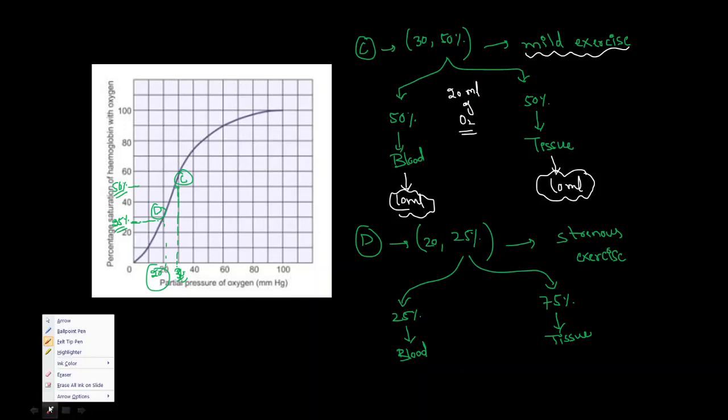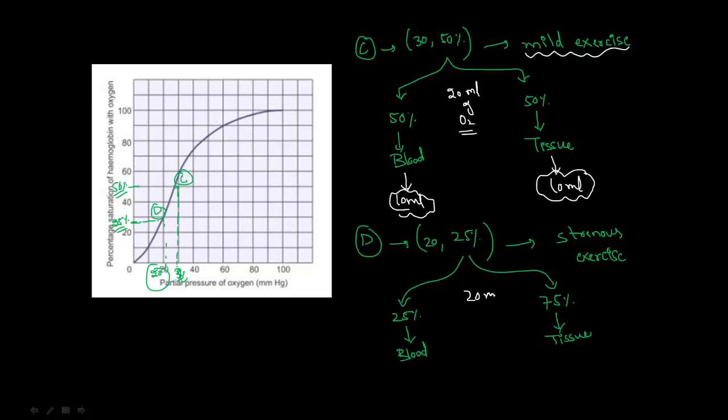So again, if in that particular situation, per 100 ml of blood is having 20 ml of oxygen, then in that condition, in your blood, only 5 ml of oxygen will remain. The rest 15 ml from this 20 ml will be given to your tissues, right?